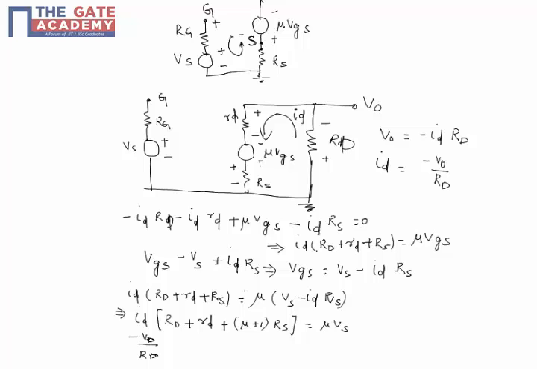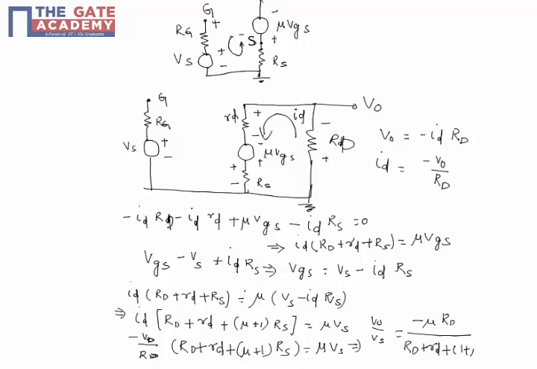Minus V0 by RD into RD plus small rd plus mu plus 1 into RS equal to mu into Vs. So from this, V0 by Vs equal to minus mu times RD divided by RD plus rd plus 1 plus mu into RS.